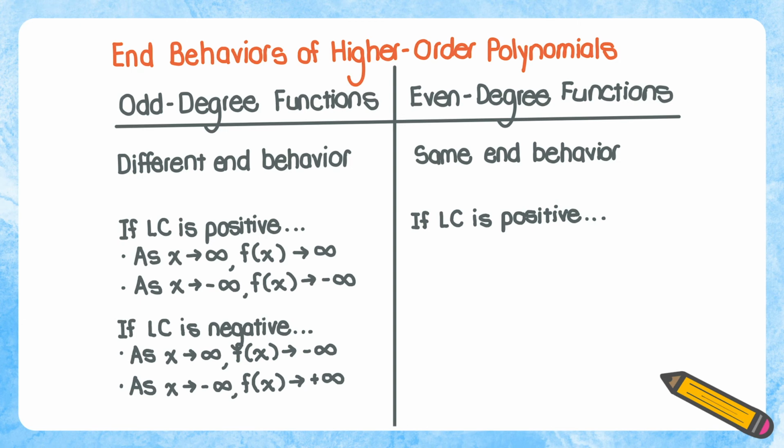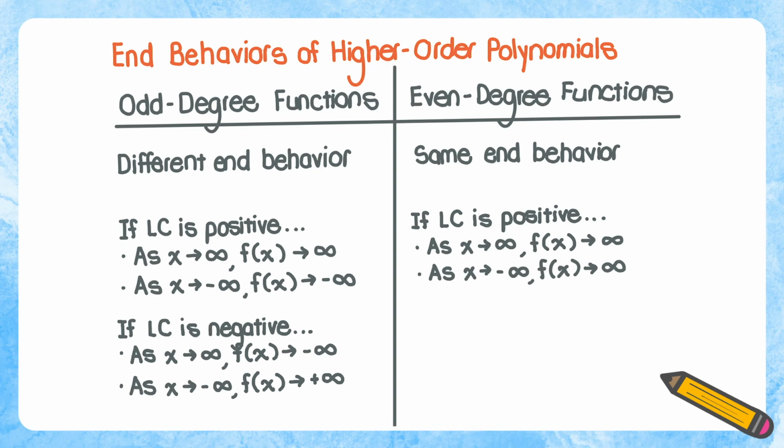And what did we notice here? Well, as x approached infinity, so as we went to the far right, f of x, our y value, approached positive infinity. So as we moved to the right, we also kept moving up.